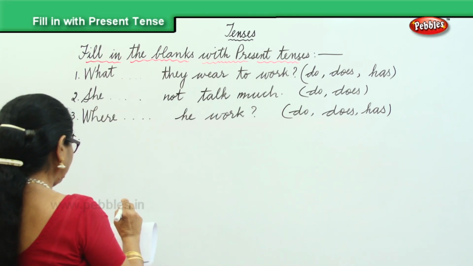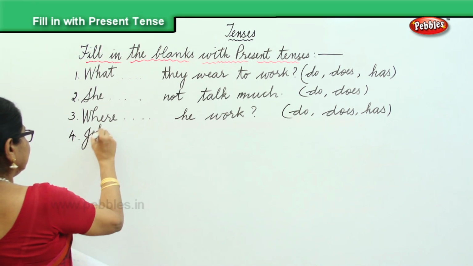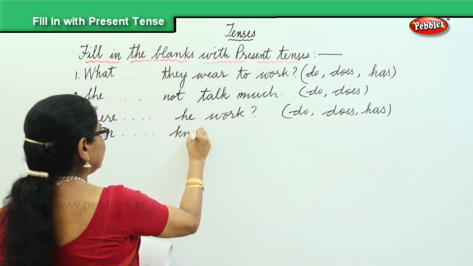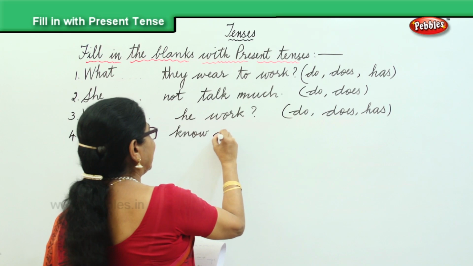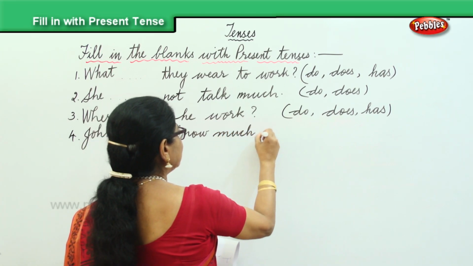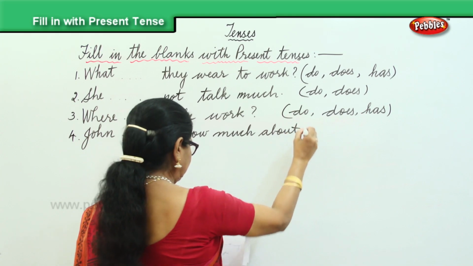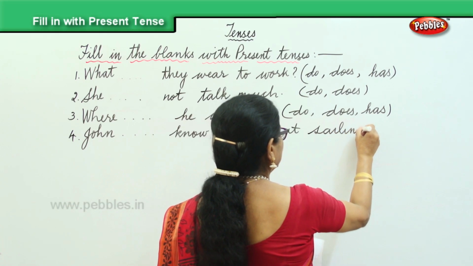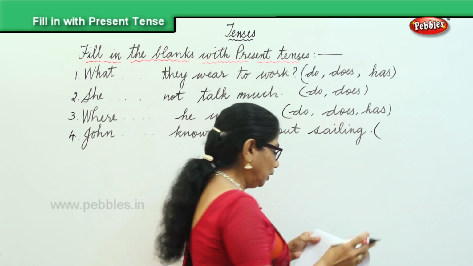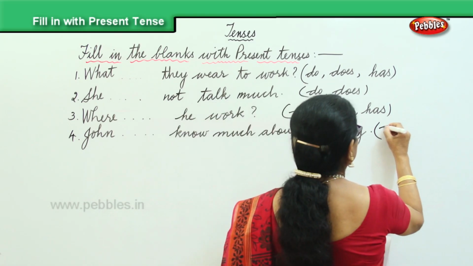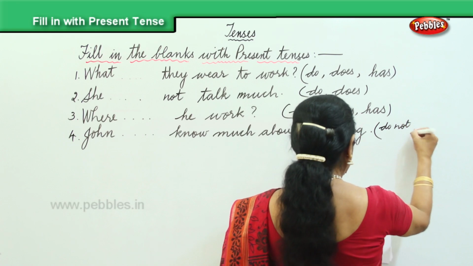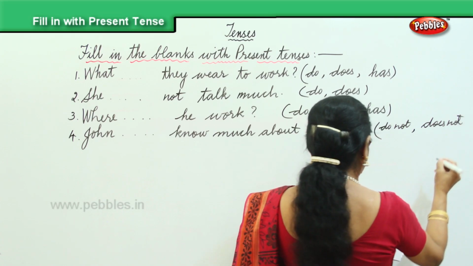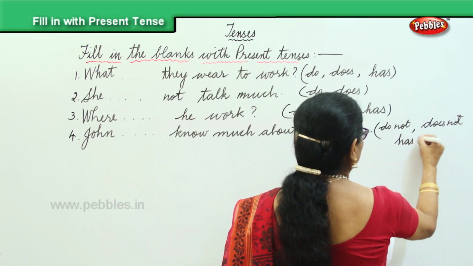Next, John dash know much about sailing. And the verbs are do not, does not, and has not. You can choose any.